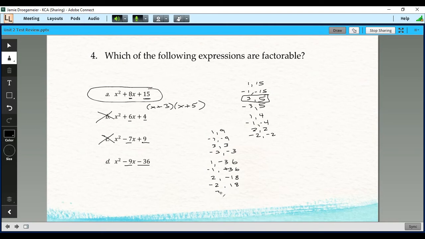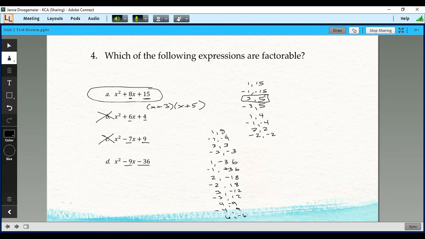We could have 3 and negative 12, negative 3 and positive 12, 4 and negative 9, negative 4 and positive 9, and then finally we would have 6 and negative 6.